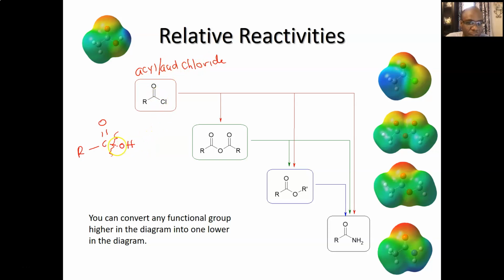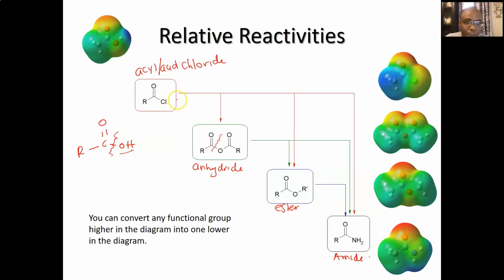If you replace the OH with this ester-looking structure, you get an anhydride. If you replace the OH with an OR group like OCH3, you get an ester. If you replace the OH with an amine, you get an amide.